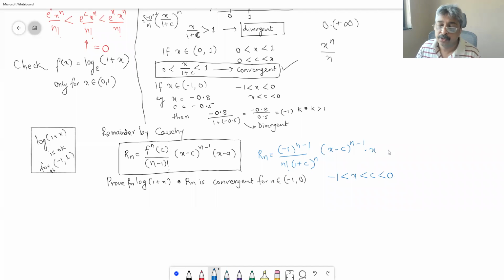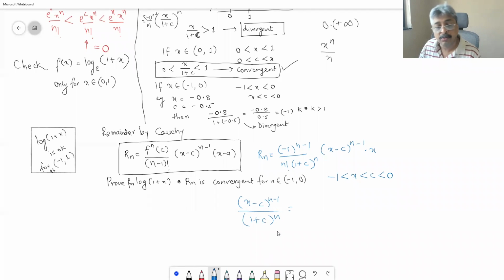Okay, so we need not worry about this x because it does not have any power. We need not worry about this minus 1 raised to n minus 1 upon n factorial also. We have to worry about this: x minus c raised to n minus 1 upon 1 plus c raised to n.